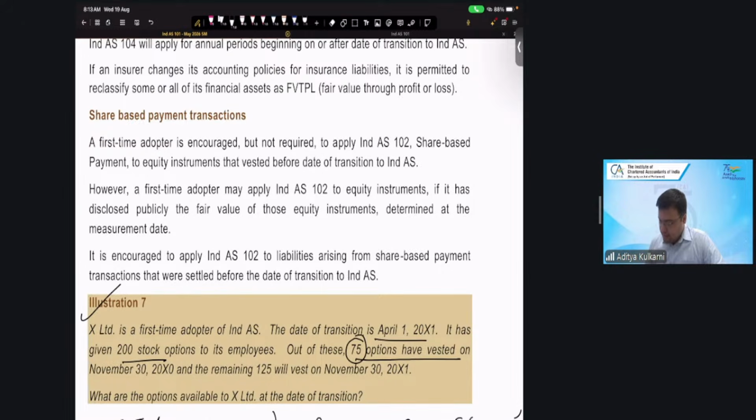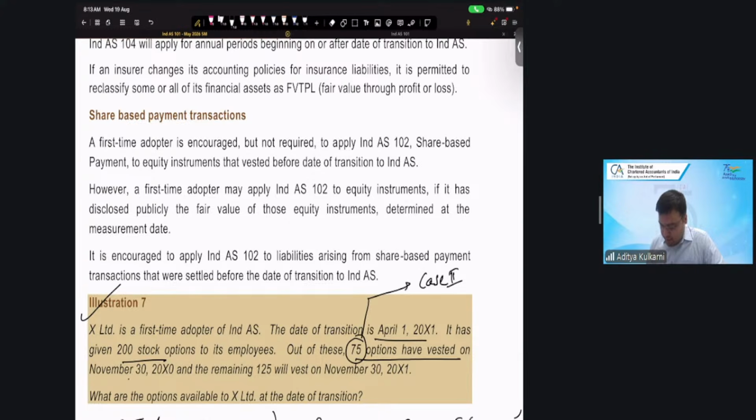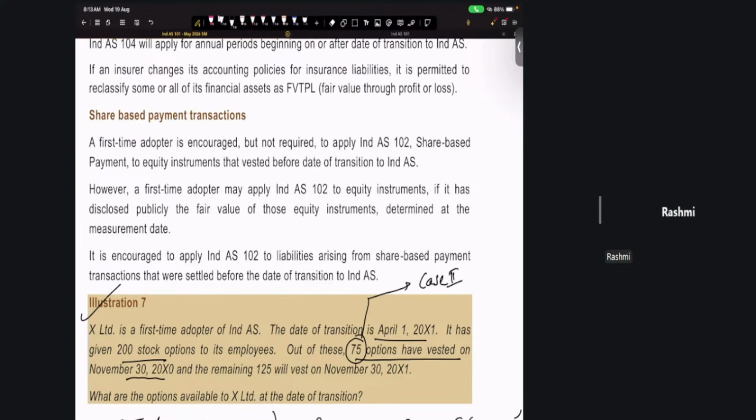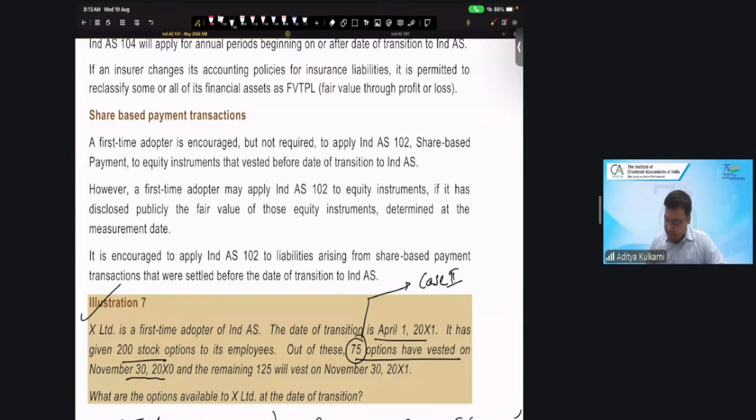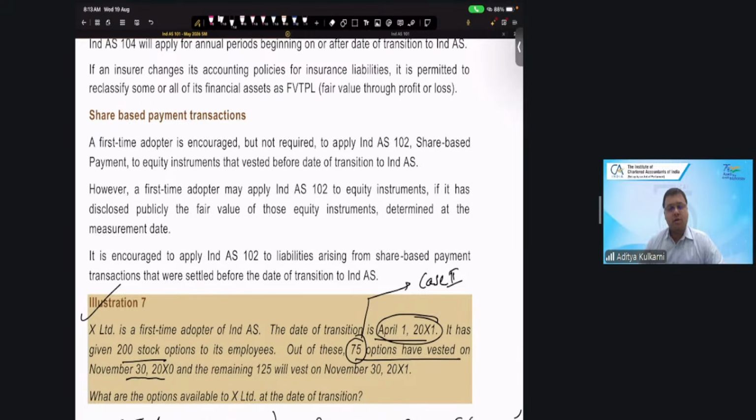Can I say this 75 options is nothing but case 2 in our example? It's as per 102. No, 75 options, when have they vested? November 30th, November 2020. That means, can I say they have vested before the transition date? Yes, sir. So exercise period, it's not talking about anything.